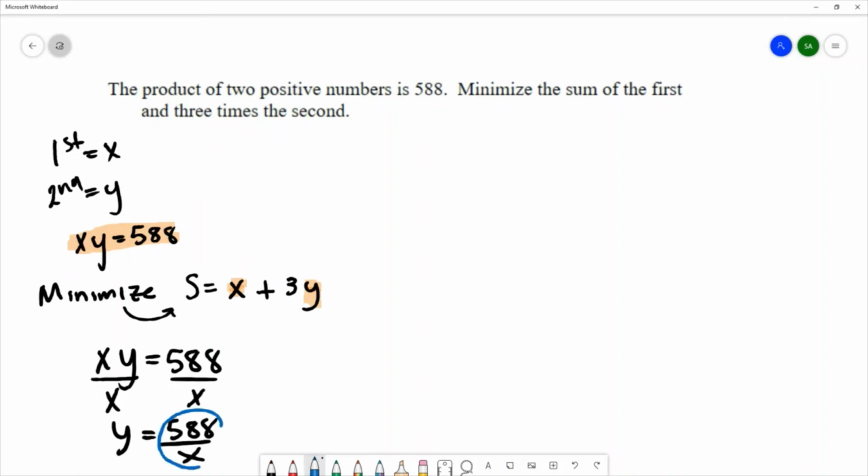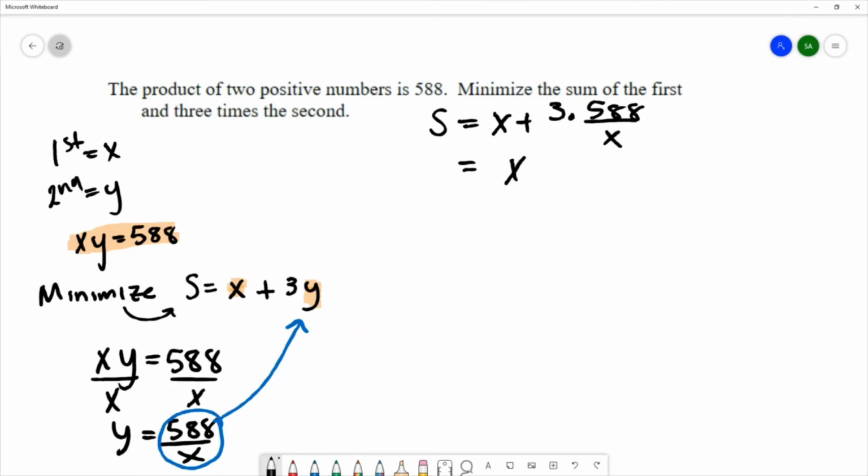Then we're going to substitute this into our equation that we want to minimize. So this gives me the sum equals x plus 3 times 588 over x. Let's simplify that by doing 588 times 3, which is 1,764 over x.